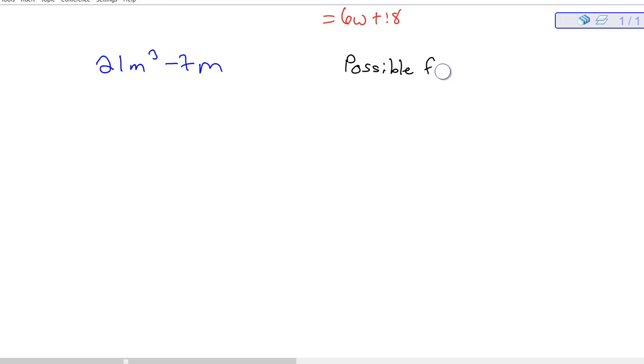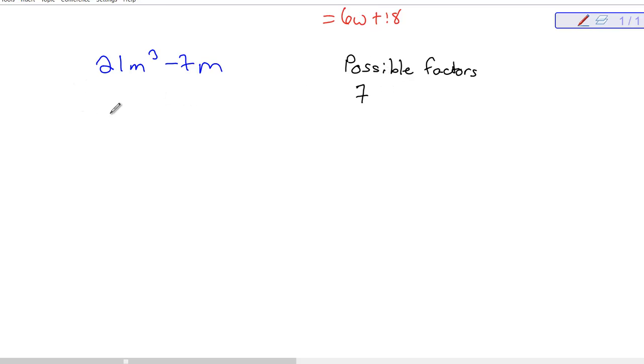Well, for 7, the only factors are 7 and 1. We know that 1 goes into everything, so we don't really count 1 as a greatest common factor. But will 7 go into 21? Yes. So 7 is actually my only possible factor.